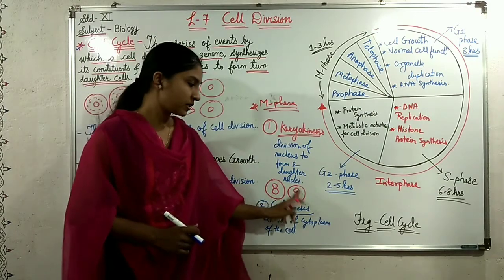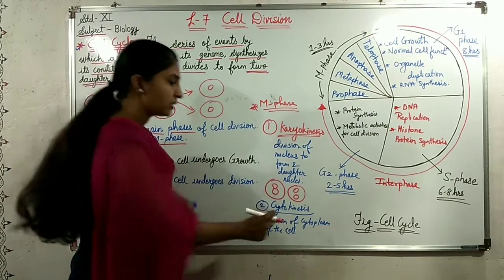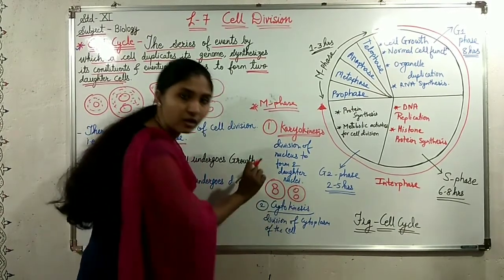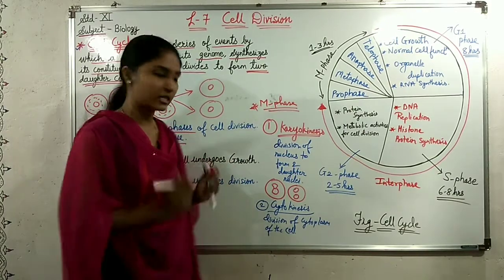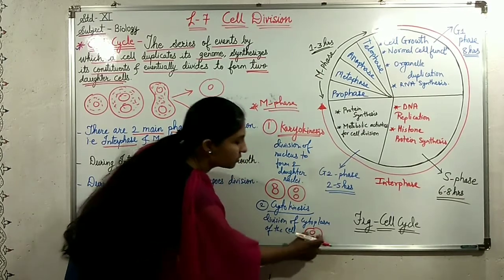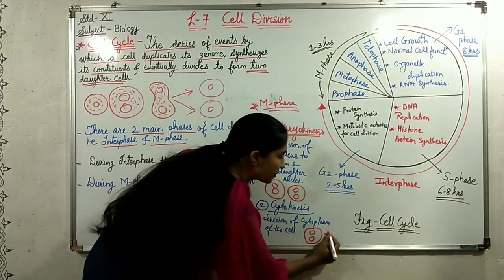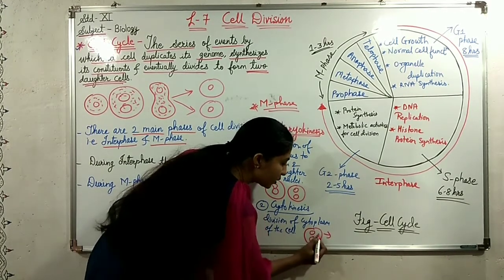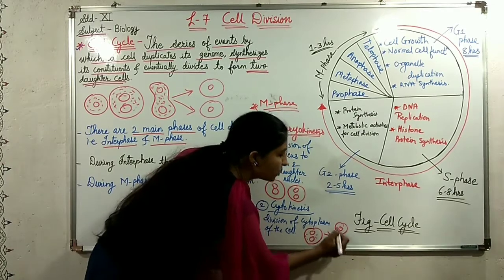Now here the division of the nucleus has taken place. Further, what happens? The cytoplasm is present surrounding the nucleus. This cytoplasm divides itself. Suppose this is the cell, and there are two daughter nuclei in it. After this, the cytoplasm divides into two new cells.